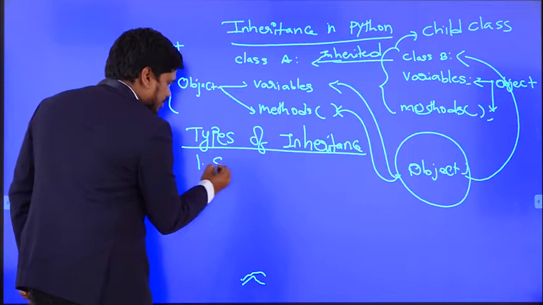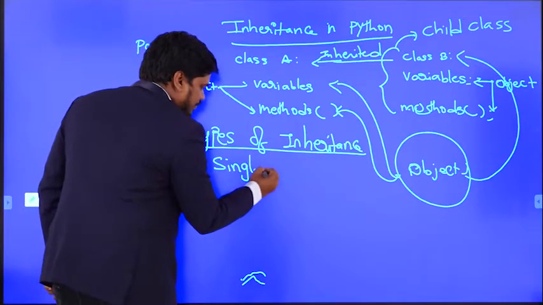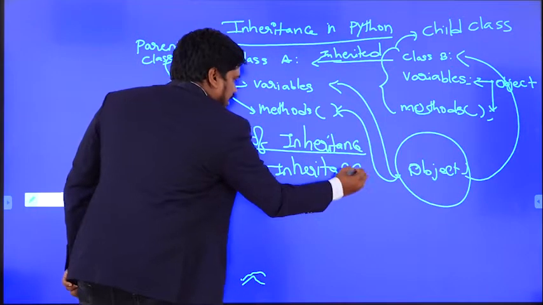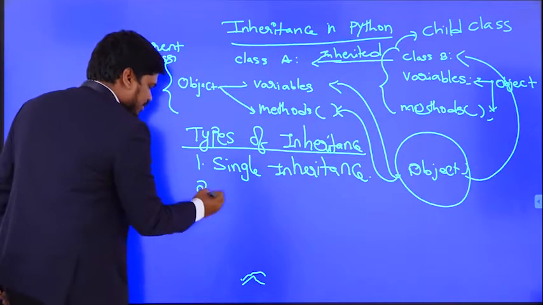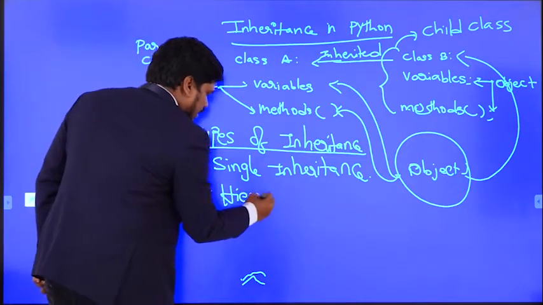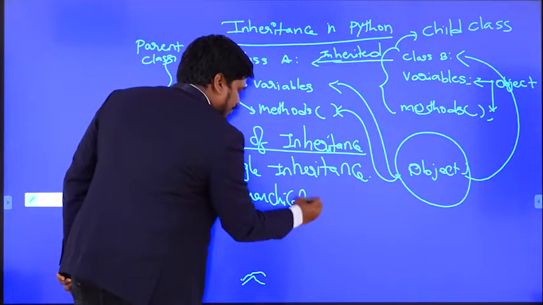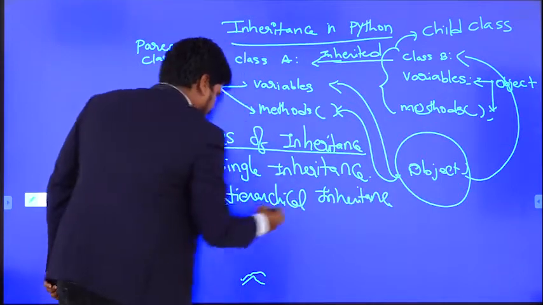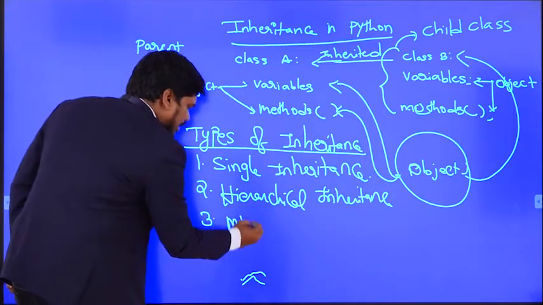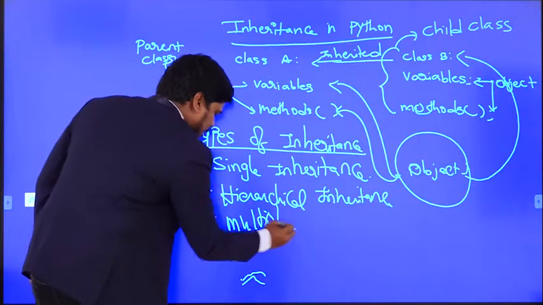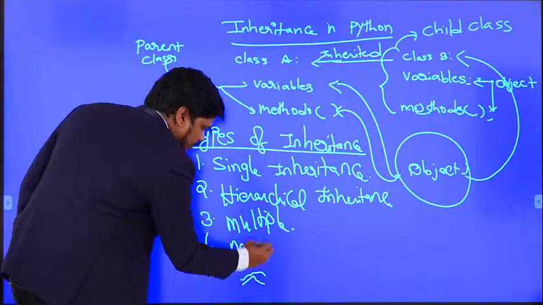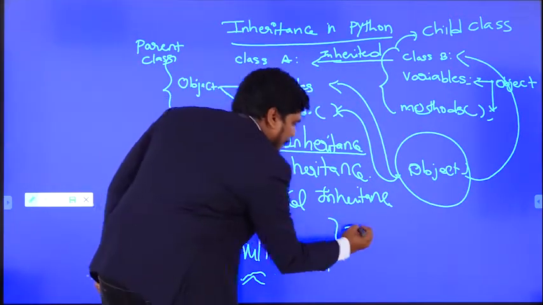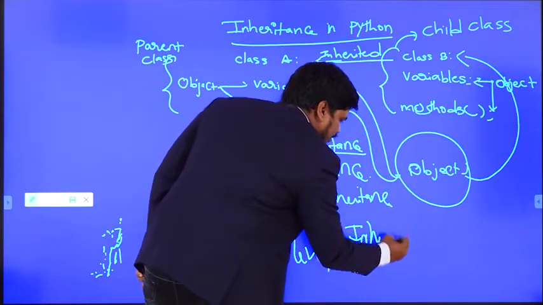The first type is single inheritance, the second type is hierarchical inheritance, the next one is multiple inheritance, and the fourth one is multi-level inheritance.